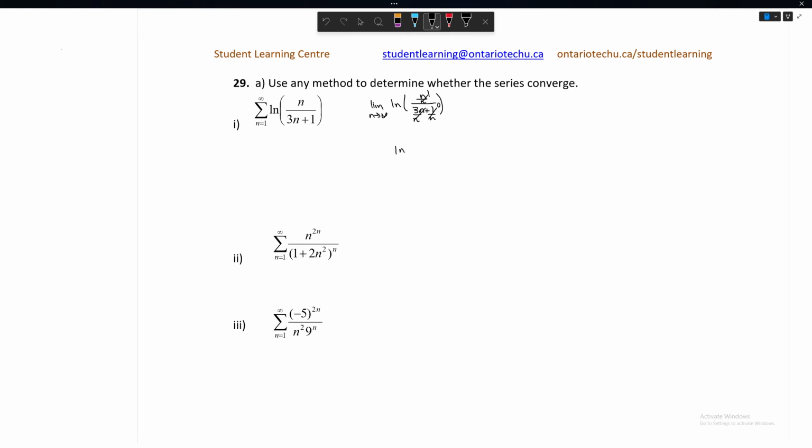So I got ln of 1 over 3. Now, which one did I use here? I didn't use root. I didn't use ratio. I just took the limit normally, really. So it's pretty easy. And so ln of 1 over 3, is that less than 1? Let's check. Ln of 1 over 3 is about negative 1.1, less than 1.